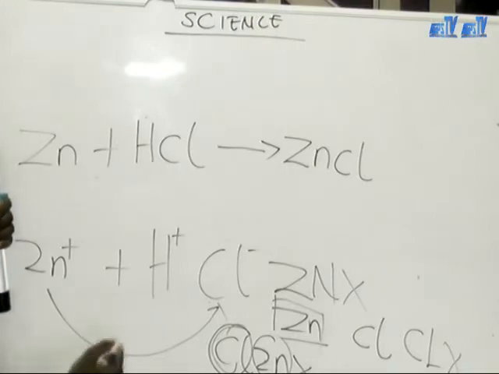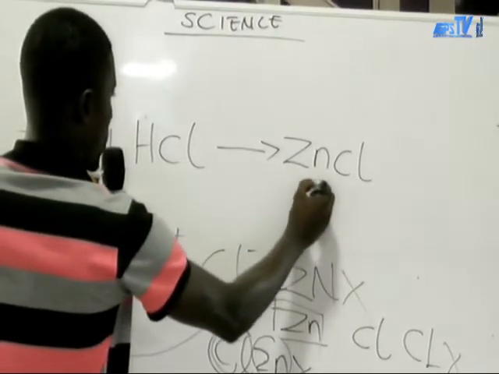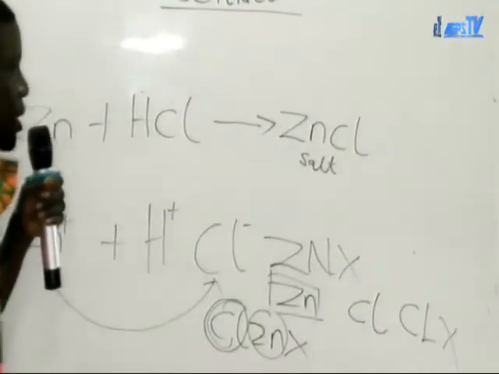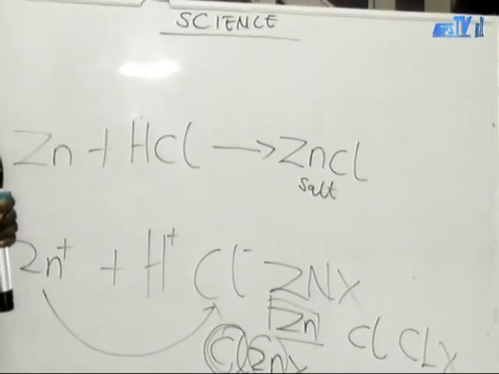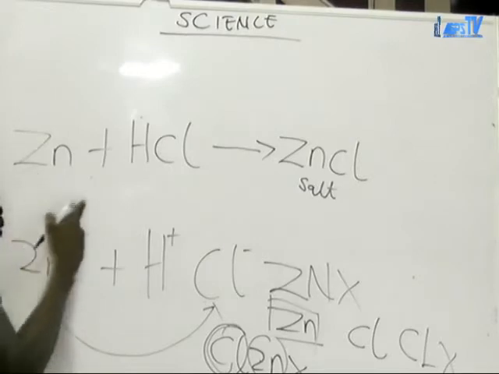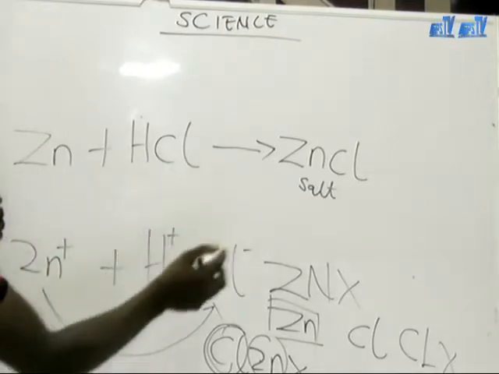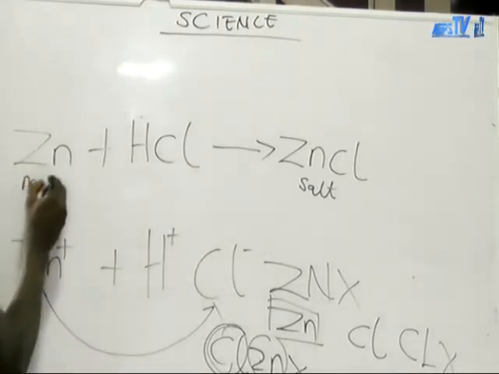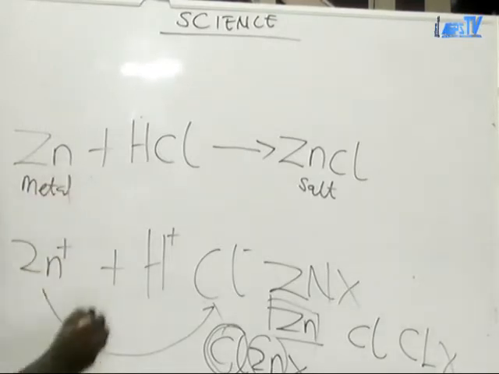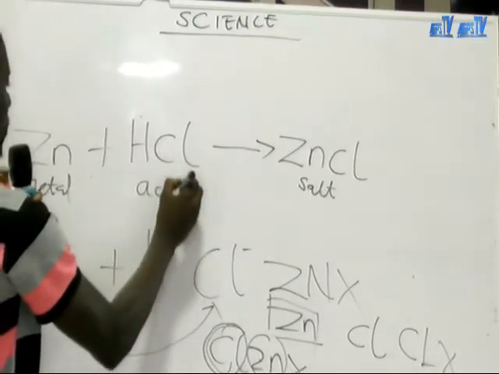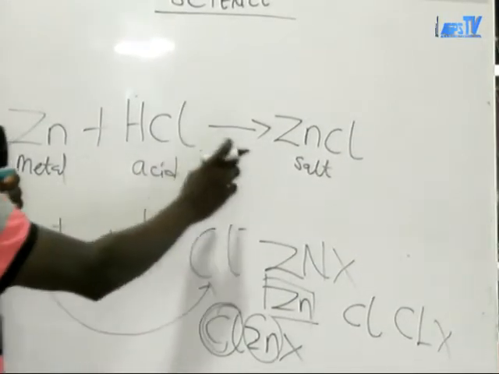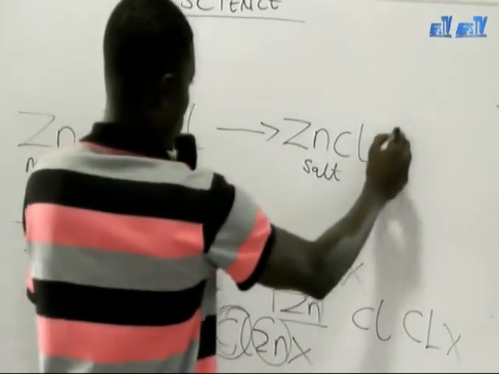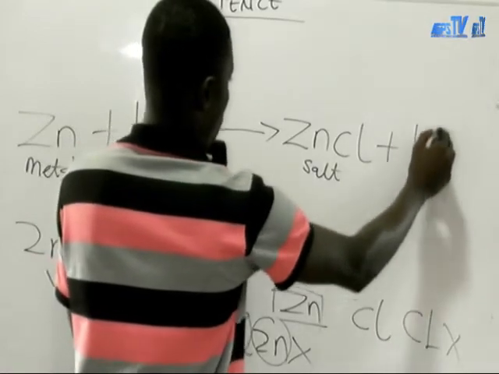So the next one, this is the salt. Metal reacts with acid to produce salt and hydrogen gas. So here, this is the metal and this is the acid. They combine to form salt and hydrogen gas. So now we are looking for our hydrogen gas.